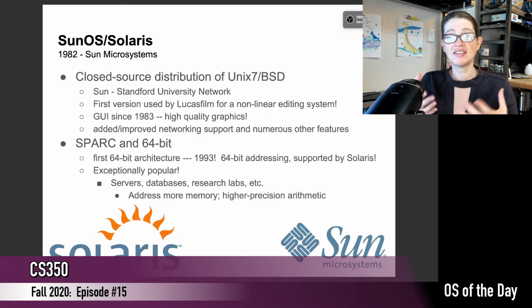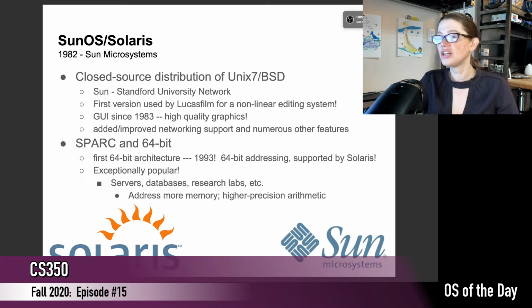And if you had like a big data center, or if you were doing scientific computations, you were running out of addresses. So they realized they were going to have to up them. And they were the first to market, and that's the SPARC architecture. And that's roughly around the time where they kind of started calling it Solaris instead of SunOS. Although I want to say even in the early 2000s, there was a lot of references to SunOS still. SunOS, Solaris, though, they're generally referring to the same breed of operating systems.